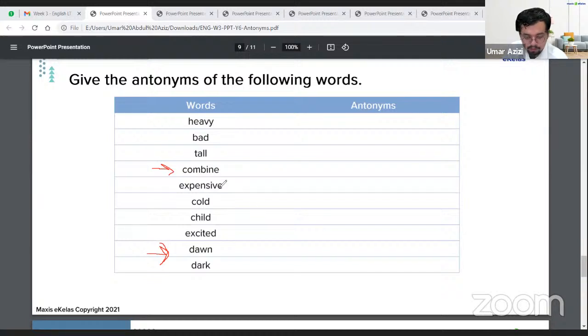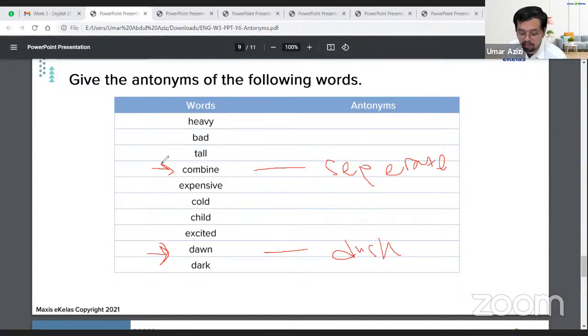So we have one answer for separate by Aisha, but we need both answers. Antonym for the words combine and dawn. Combine, separate. So we have one answer for separate. Okay, and dusk. Separate and dusk. Who answered separate, dusk? Le Q Tiong, good job. Separate and dusk. I think those are the answers.